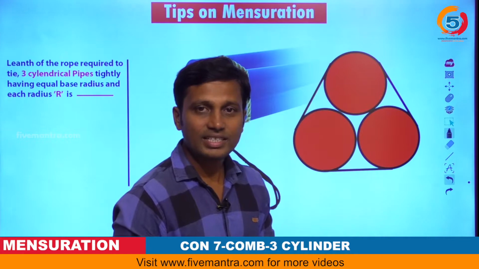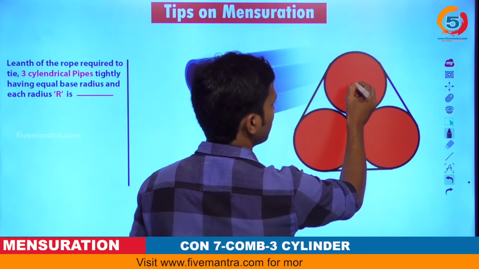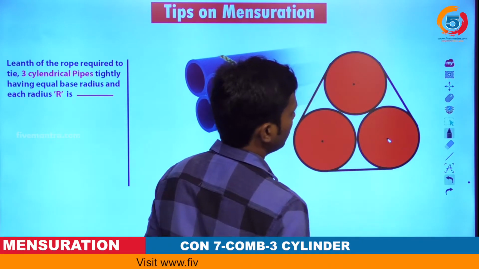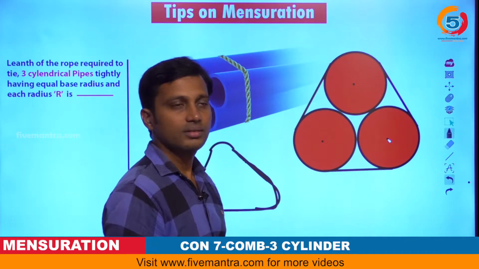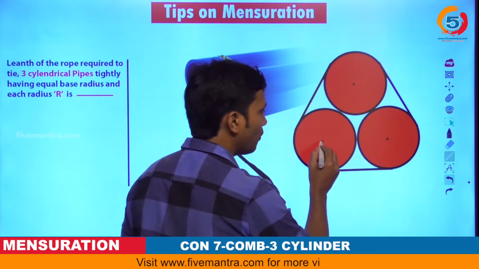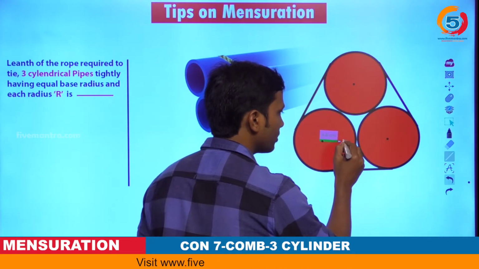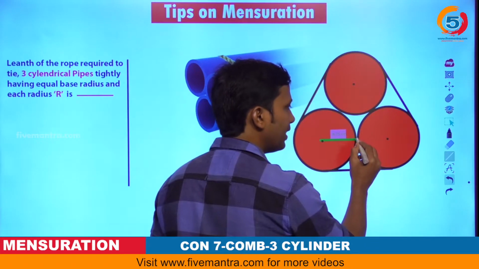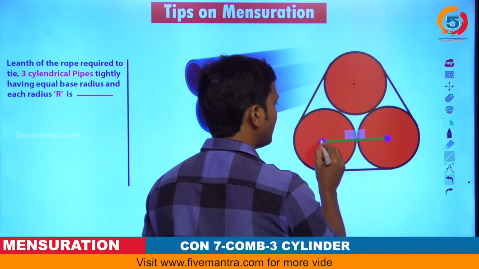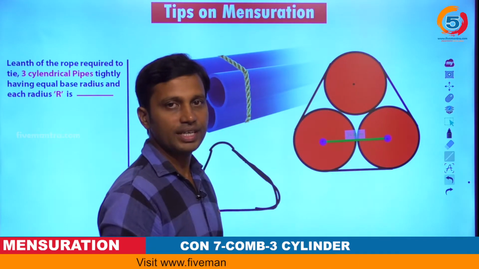Let us plot the centers of the circles. Somewhere like this, or not? That's it. Now go for joining the lines. This would be a radius and again this would be a radius. Both are joined together. I think we have joined like this in previous diagrams also, in different cases.